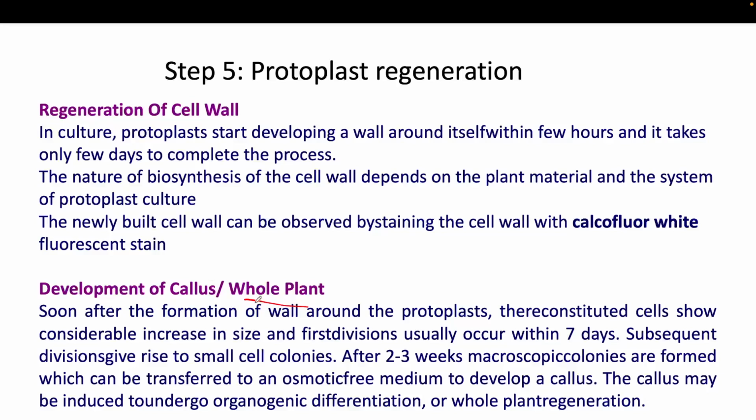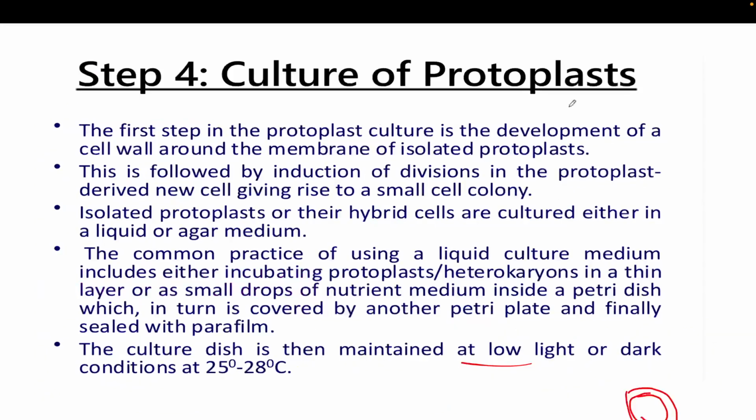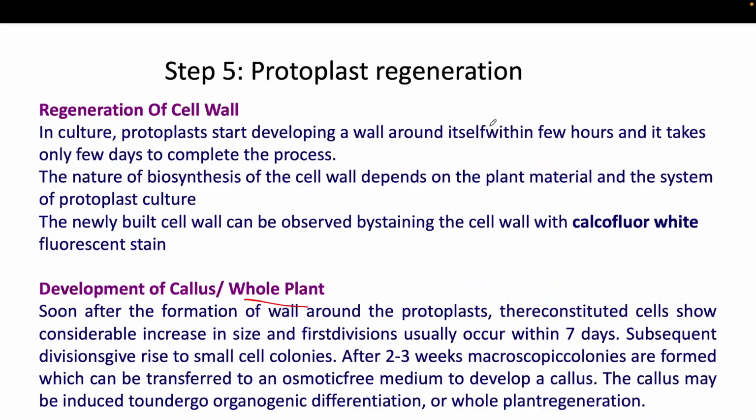Okay, so this is how the protoplast will be regenerated. 2 to 3 weeks it will take, and after that this callus will grow as a whole plant. So this protoplast regeneration comes under the culture of protoplast.